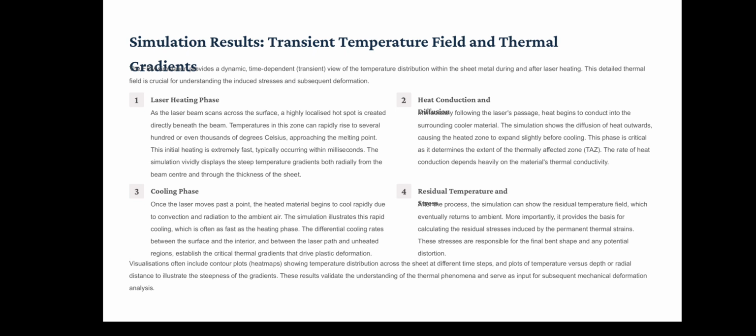Laser heating phase: heat conduction and diffusion. Cooling phase: receding temperature and stress.